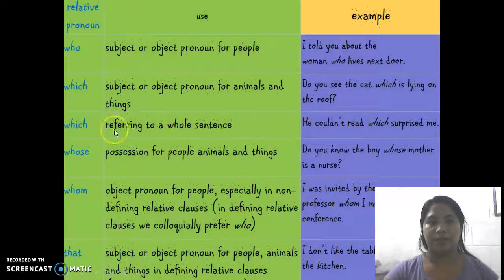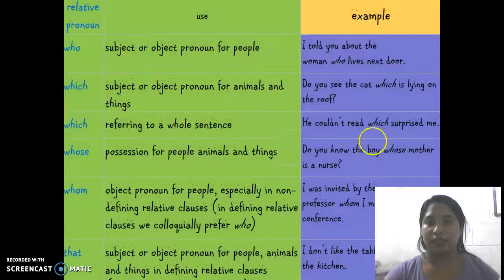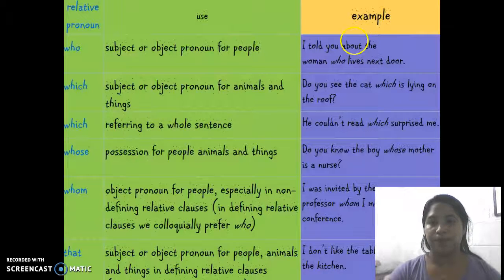This part is how the relative pronouns are used, and here I have some examples. For example, who is used for subject and object pronoun and is used for people. The example is, I told you about the woman who lives next door.